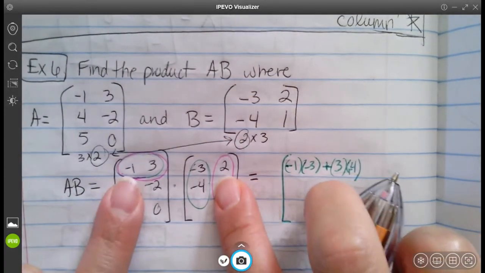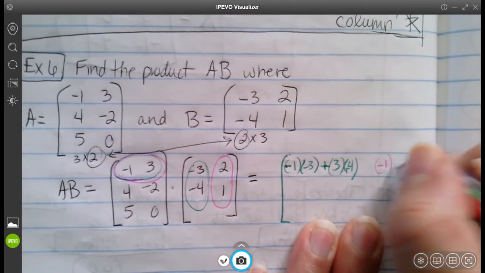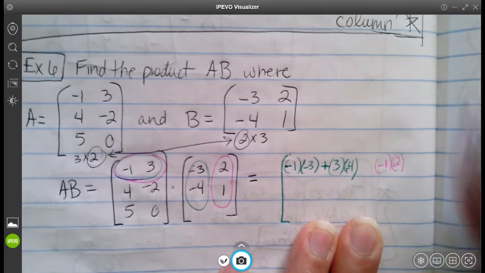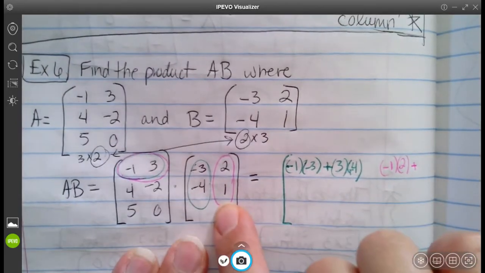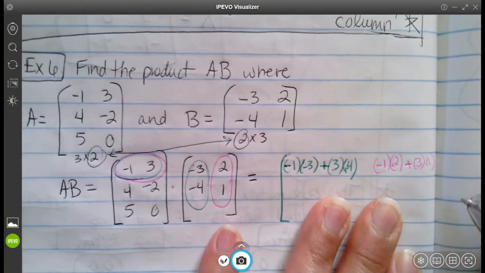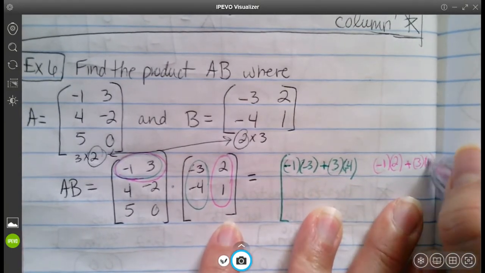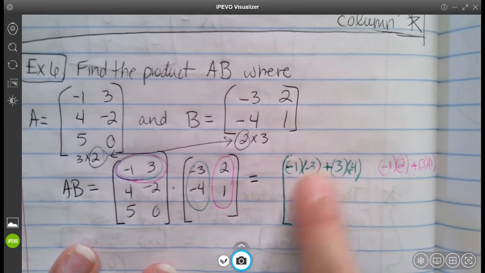We do the same thing: negative 1 times 2, plus 3 times 1. It's kind of hard to see, but okay.